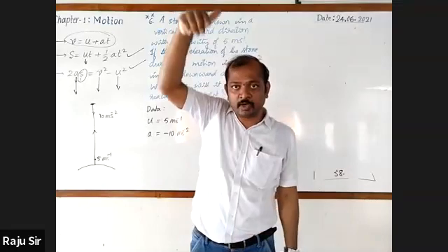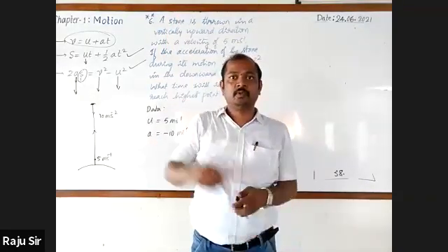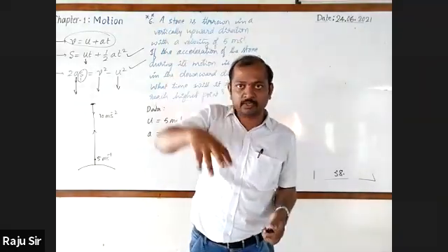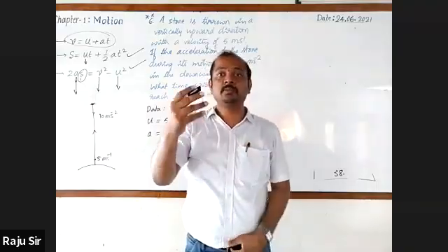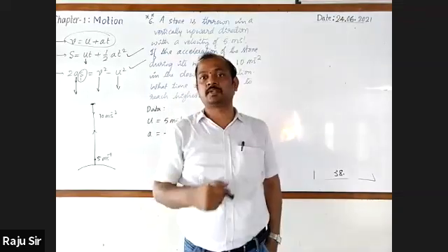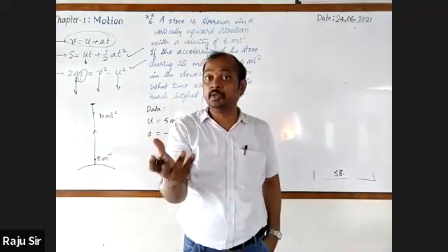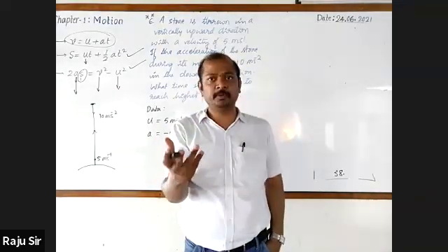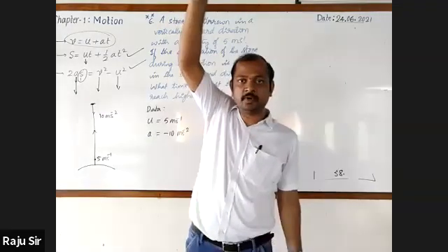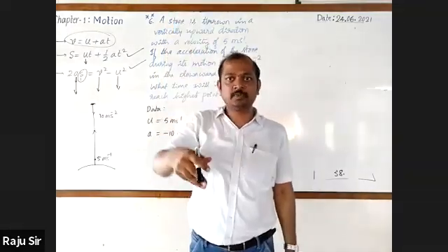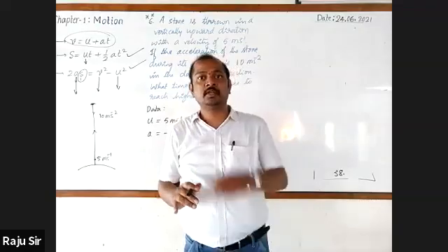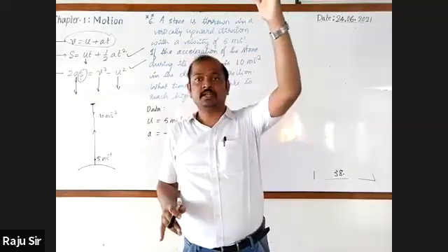When the object is falling freely towards the ground, it changes its velocity by equal amounts in equal intervals of time. That is why we took it as uniform acceleration. Remember? When the ball is falling towards the ground, it falls with a uniform acceleration. Similarly, when it is going up, it moves with uniform deceleration.